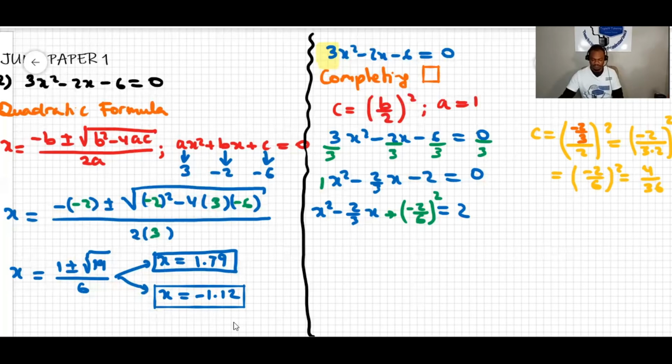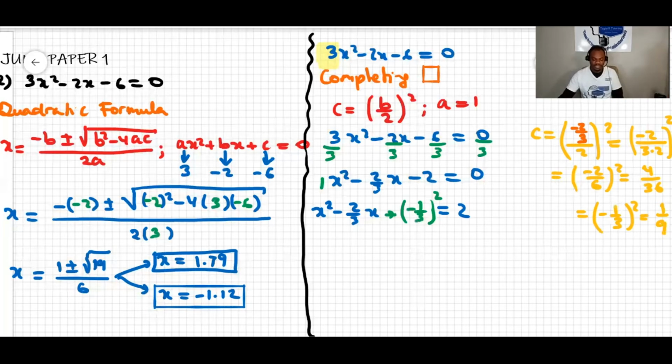Let's simplify here. This will be negative 1 over 3 to the power of 2. And if we simplify, we also get 1 over 9. So our simplified is negative 1 over 3 to the power of 2.